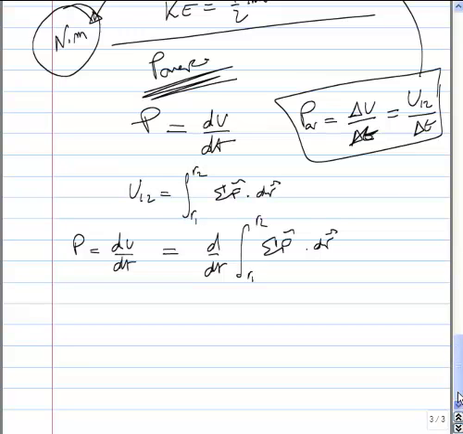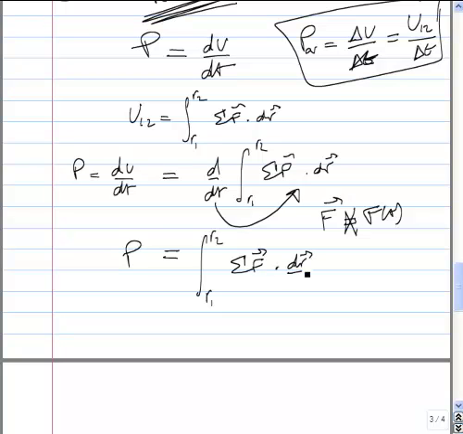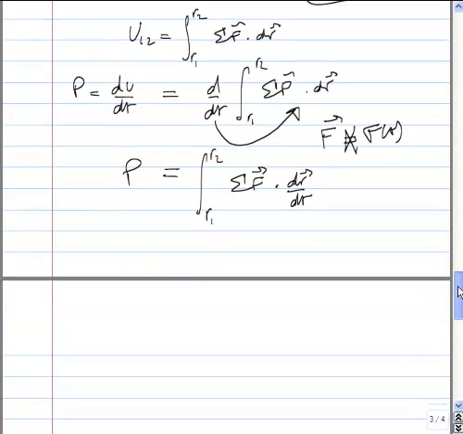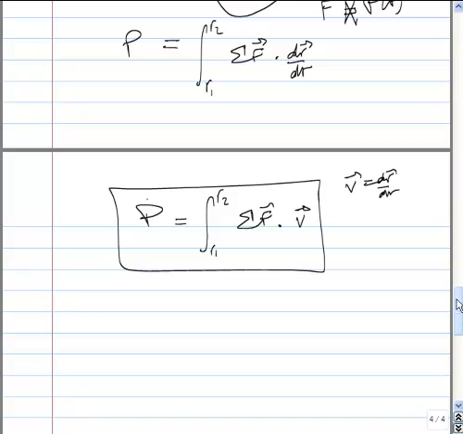Now, in the case that the force is not a function of time, otherwise you can't do that, then you can bring this inside the integral, and so the power is the integral from R1 to R2, sum of the forces, dr dt, or the power is integral from R1 to R2, sum of the forces, times v, because remember, v is dr dt. And that's it.